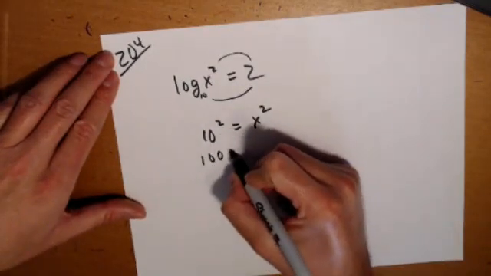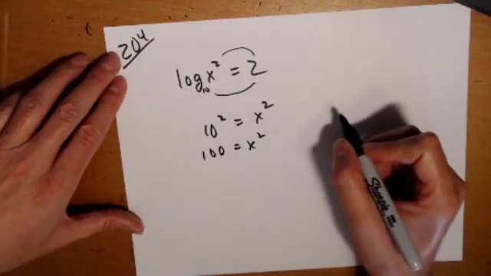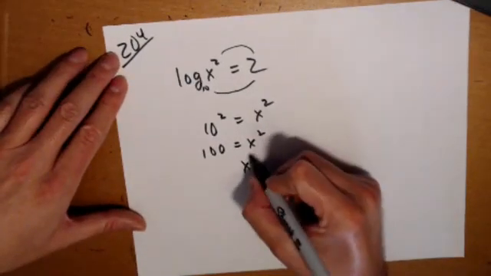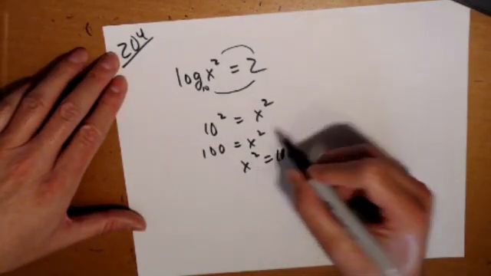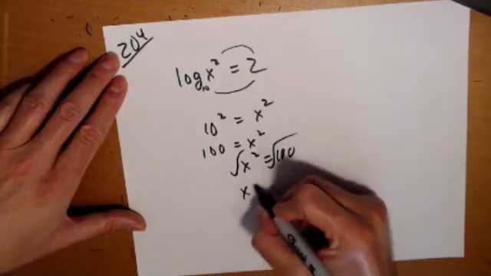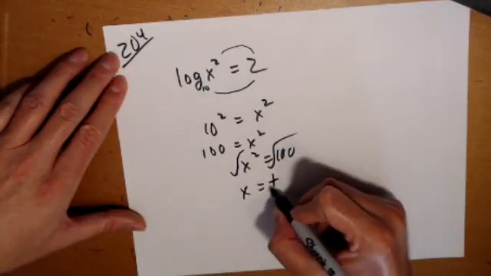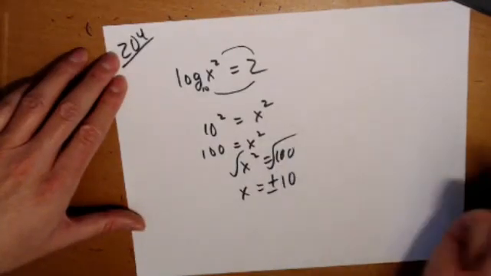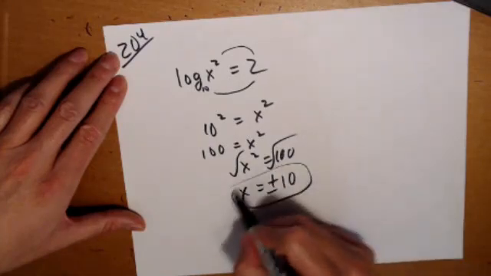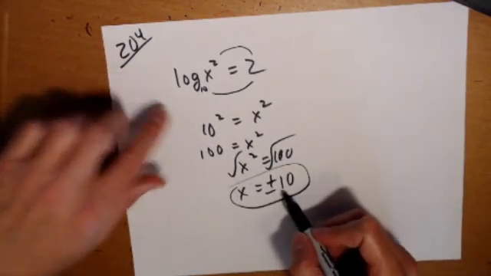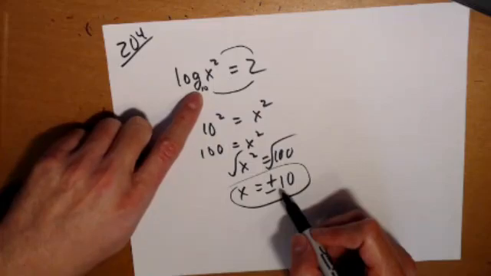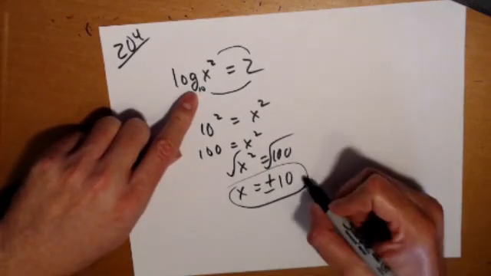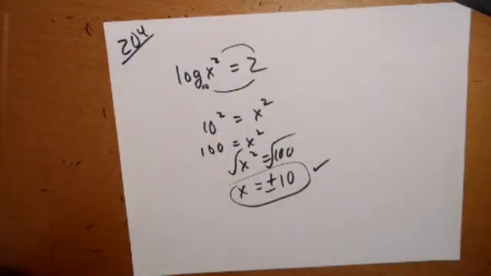So 100 equals x squared. So maybe write as x squared equals 100. Square root both sides. x equals plus or minus 10. Ta-da! See how x is not in the base, so we're good. 2 answers, plus or minus 10. Okay, you should be good for 10.3 now.